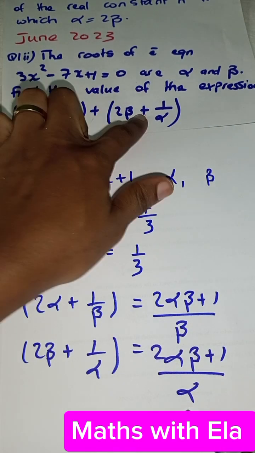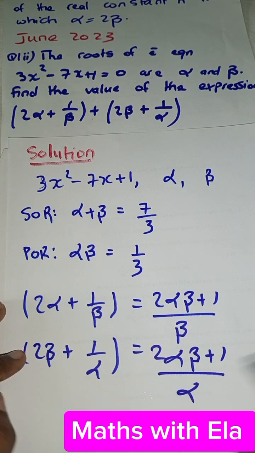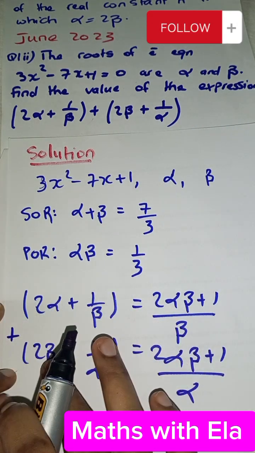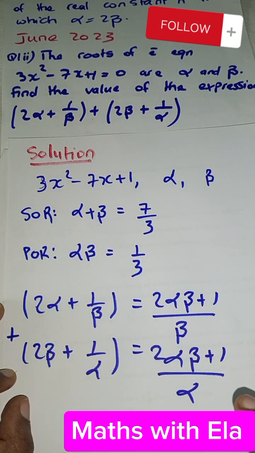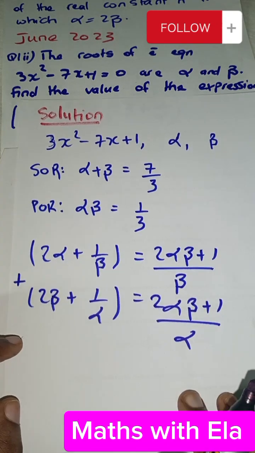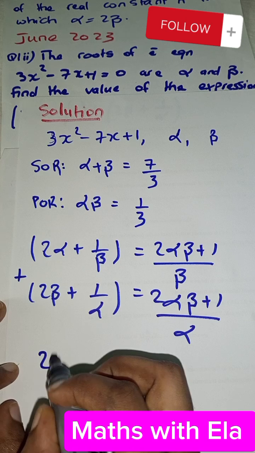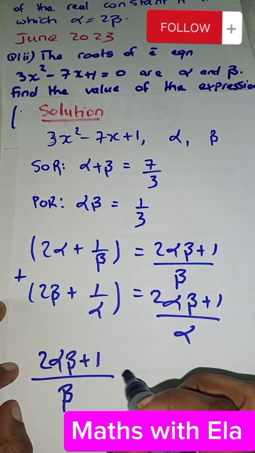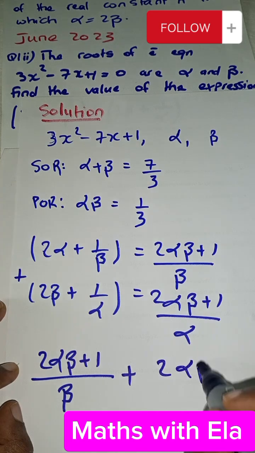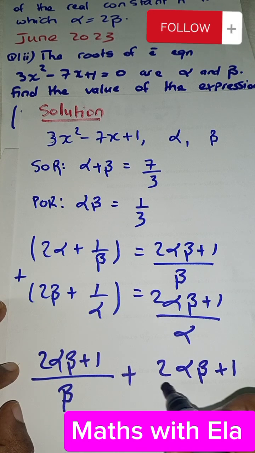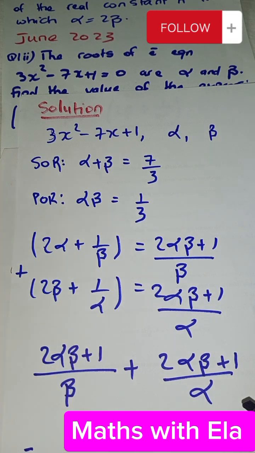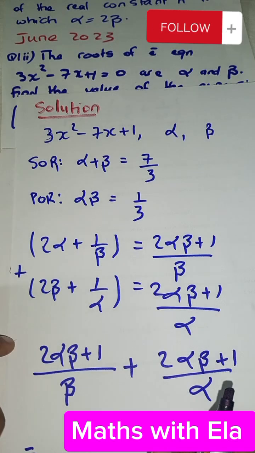Now, adding the two, this bracket plus this one will simply be this single fraction plus this single fraction, giving us 2 alpha beta plus 1 on beta plus 2 alpha beta plus 1 on alpha, and that's going to give us, we look for the LCM and do the arithmetic.